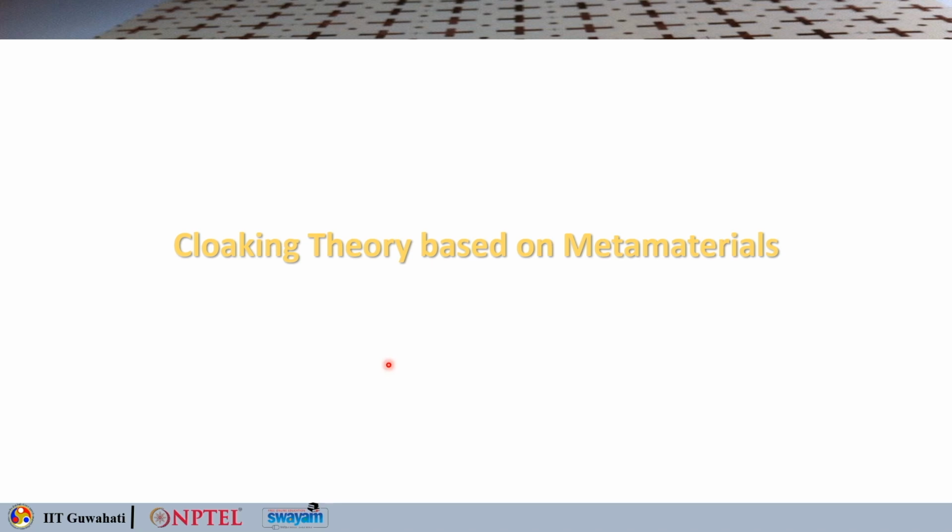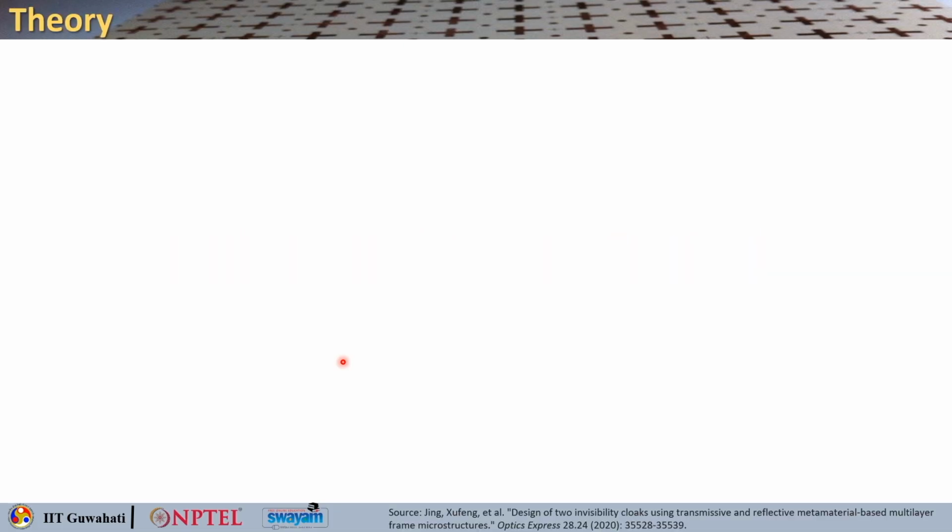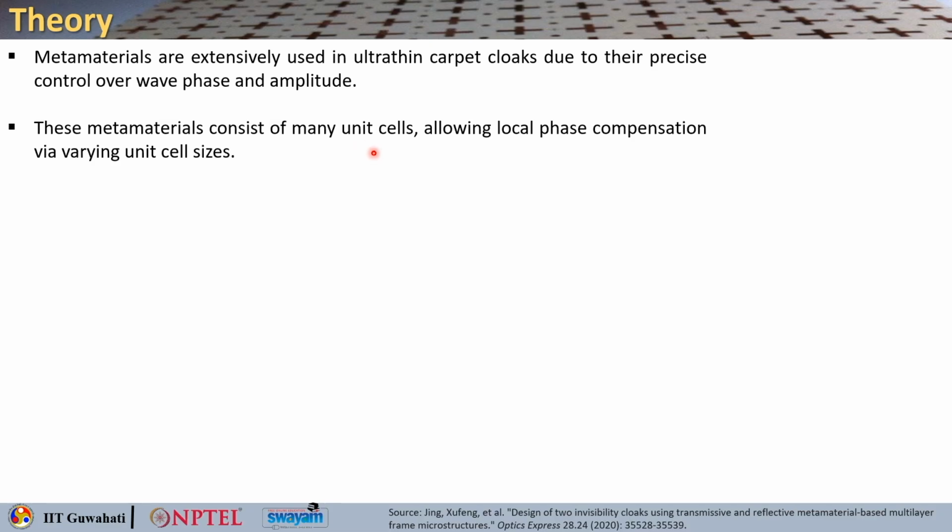Now, with this introduction, let us look into the cloaking theory based on metamaterials. Okay, in the previous lectures, if you have seen, we have discussed everything in terms of transformation optics, but here we are mainly focusing on metamaterials or their 2D counterparts, metasurfaces, right.